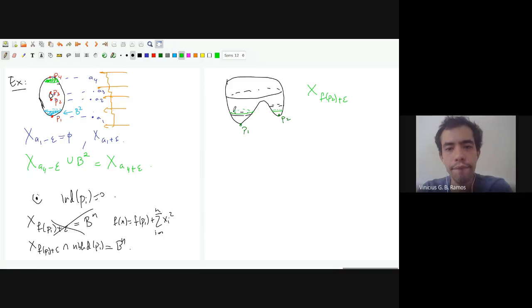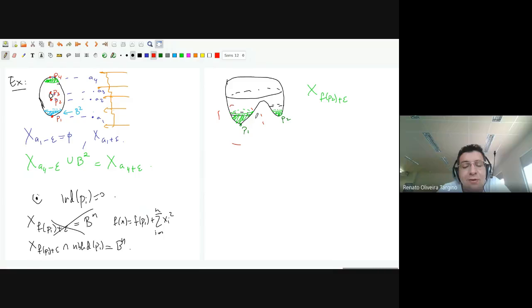So you're going to have this piece and this piece. Locally you have a ball, but you could have things that are far away. You have no idea what they are. No control.